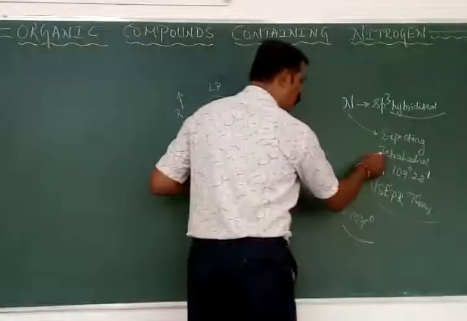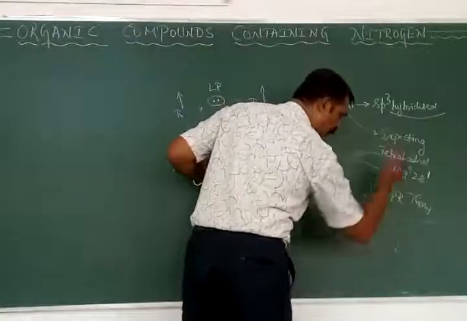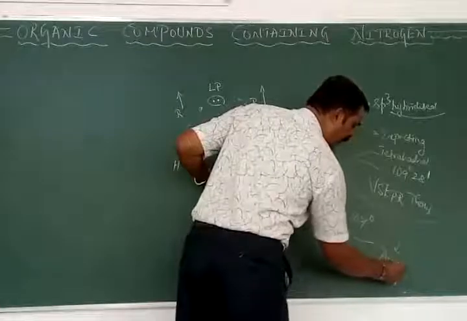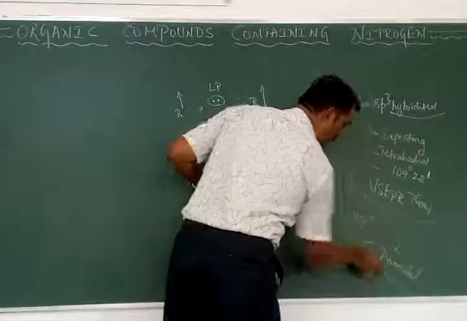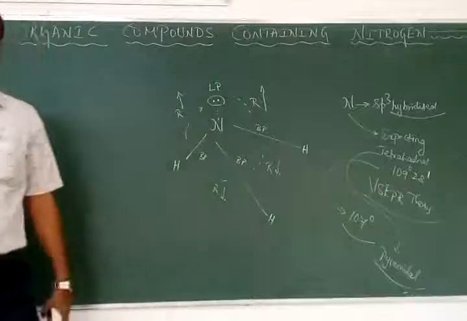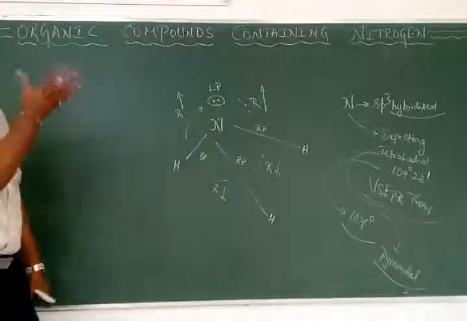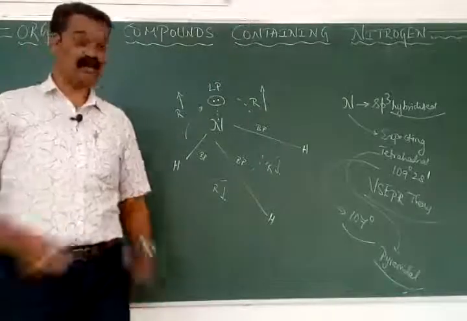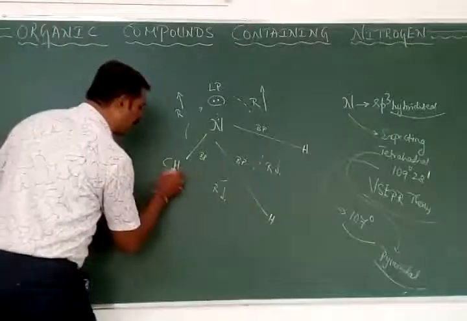Then the geometry of this molecule changes from tetrahedral to the pyramidal. That is why the ammonia molecule exhibits pyramidal geometry.